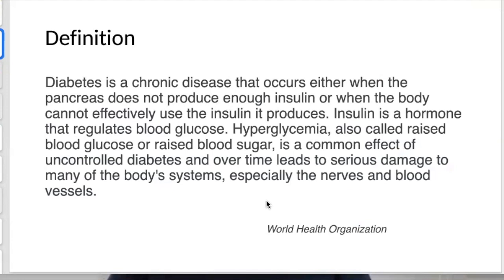Insulin is a hormone that regulates blood glucose. Hyperglycemia, also called raised blood glucose or raised blood sugar, is a common effect of uncontrolled diabetes, and over time leads to serious damage to many of the body's systems, especially the nerves and the blood vessels.